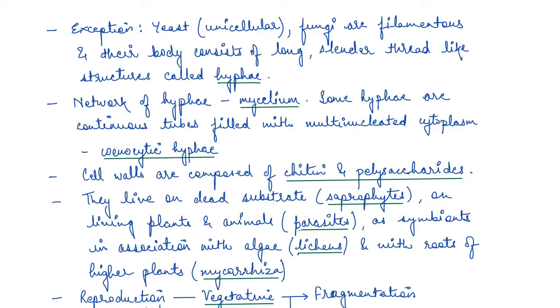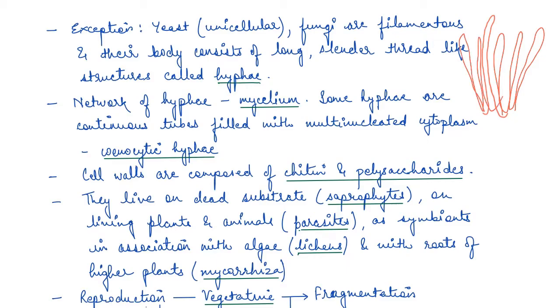Then fungi can also be filamentous, and what happens is their body consists of long slender thread-like structures. So you will see a long slender thread-like structure, something like this, which is known as hyphae. Okay, and a network of hyphae, so say if you start finding a lot of these structures, something like this is mycelium.